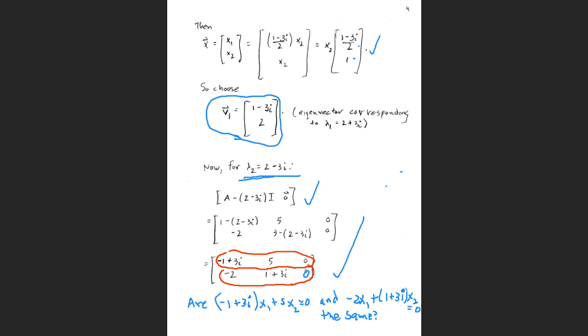Well, they are. They are, Mikhail. And you don't even need to worry about it. For the eigenvalue 2 plus 3i, I actually showed you that the two equations were redundant.